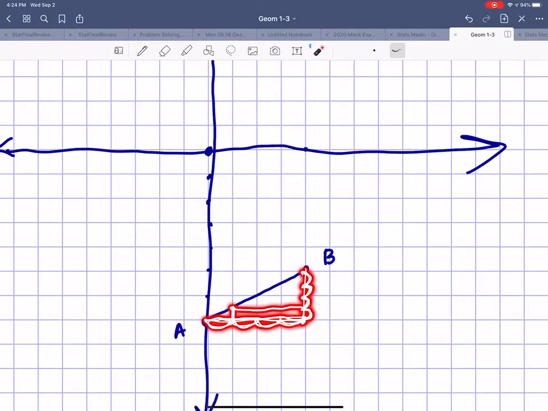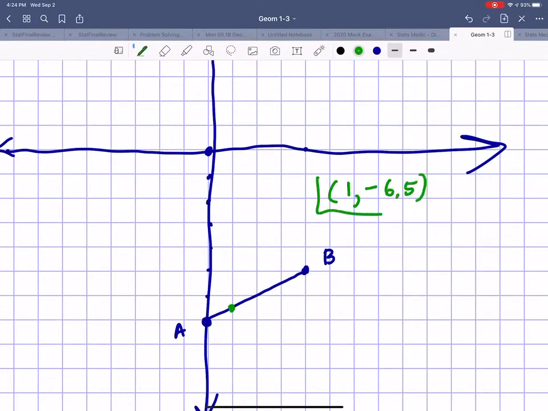So I believe this is my location right here. That's the point I'm looking for, 1/4 of the way there. Let's read that coordinate. That would be my answer: 1, -6.5. So the final answer is (1, -6.5).